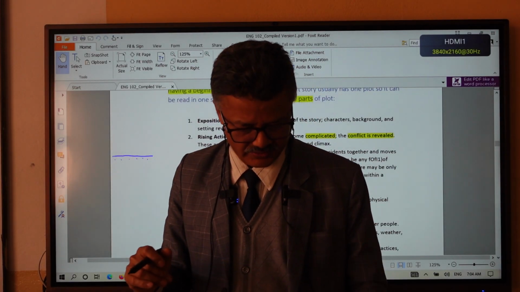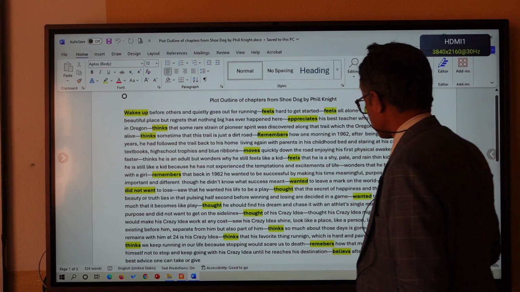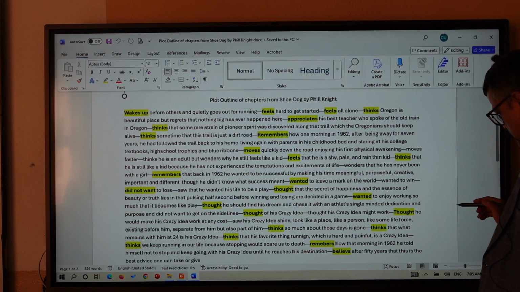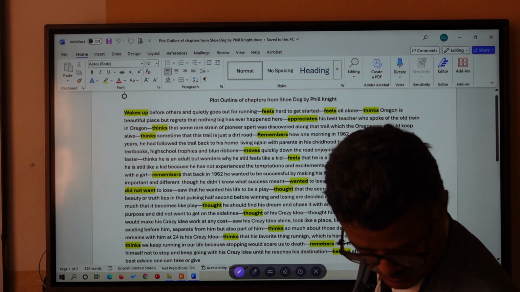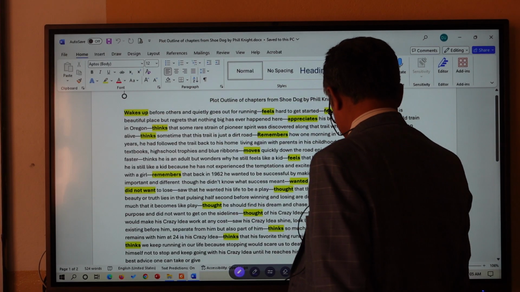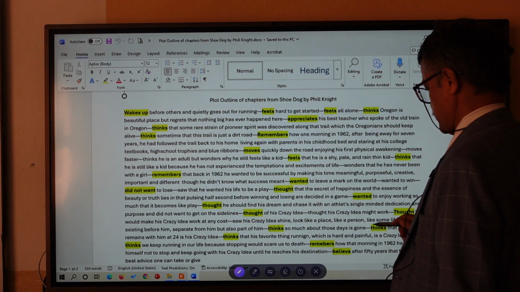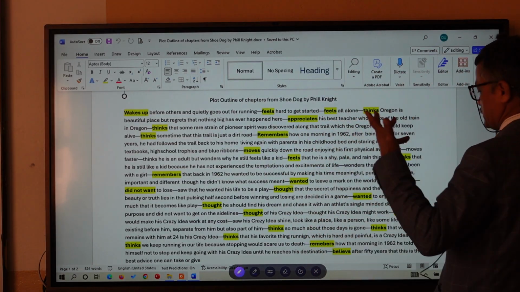At one point, let me show you in the summary, I guess I have noted it down. Yes. See, where does the action rise?